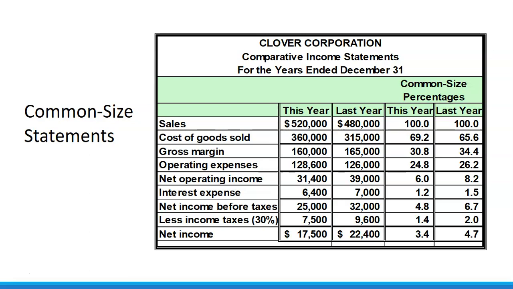In addition to looking at these percentages where we changed the income statement and the balance sheet to either vertical common size percentages or horizontal trend percentages, we're trying to look at the story of this organization and also in order to compare it to other organizations within its same industry. So we would want to look at what are other organizations in this industry and how do they compare?